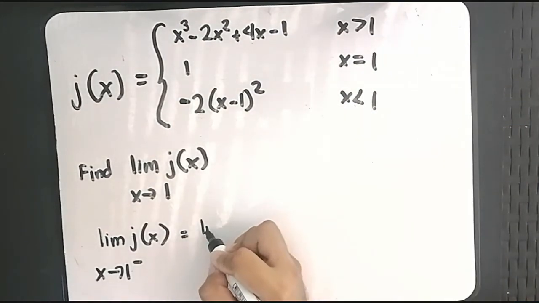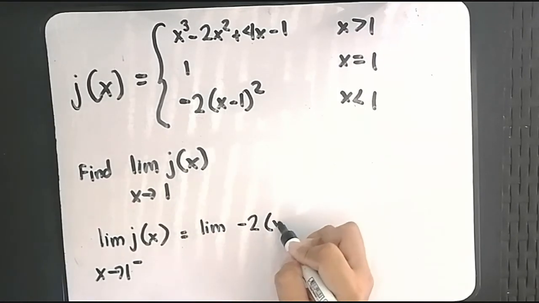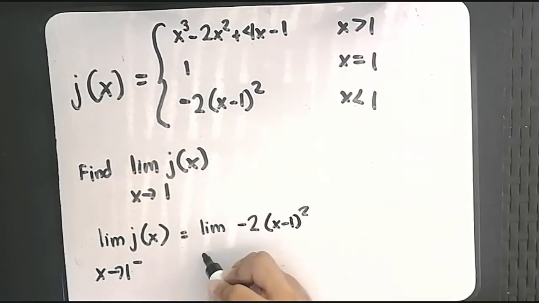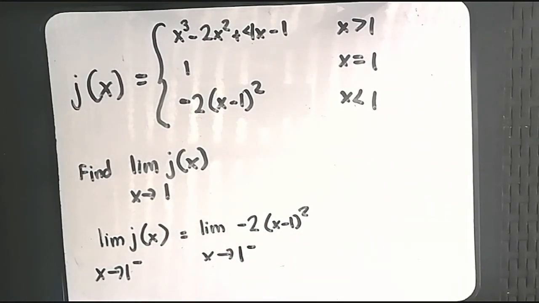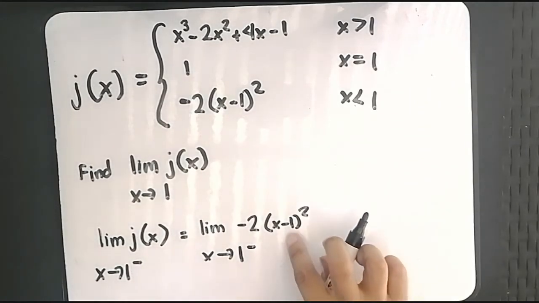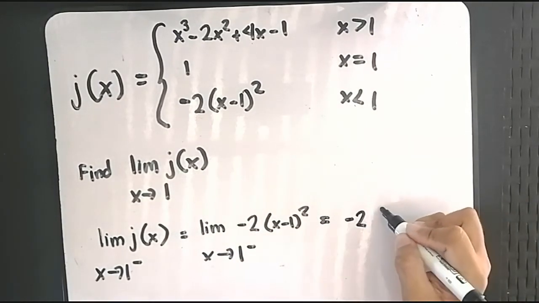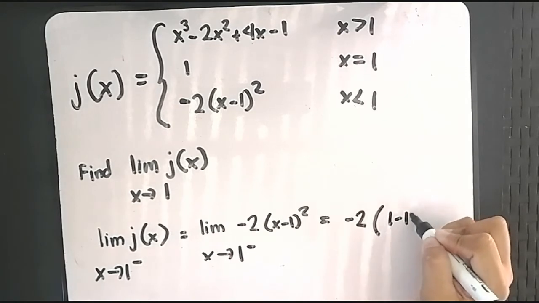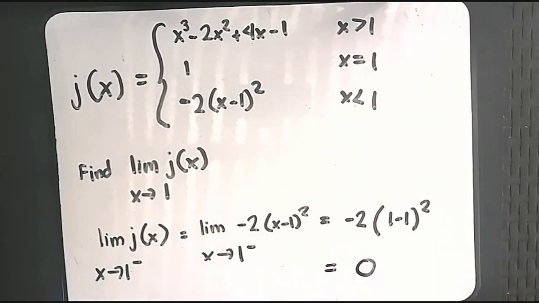So we have the limit of negative 2 times the quantity x minus 1 squared as x approaches 1 from the left. Since polynomial ito, pwede lang nating ipasok. So we have negative 2 times 1 minus 1 squared, or that is equal to 0.